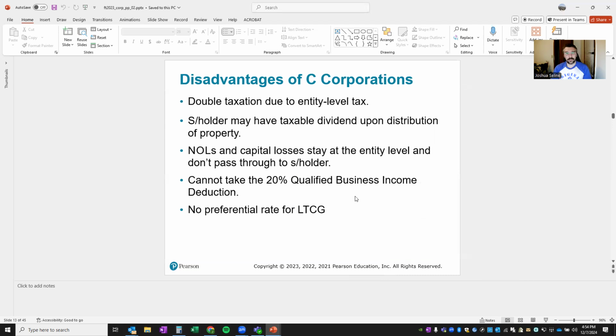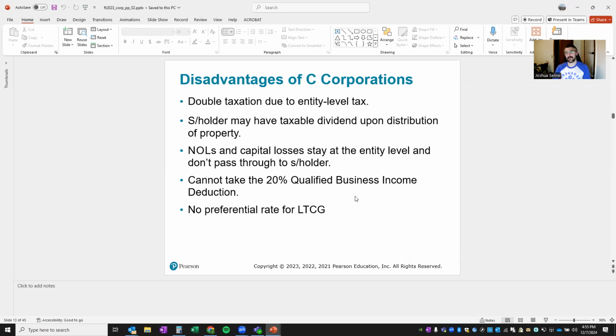Shareholder may have taxable dividend upon distribution of property. Kind of covers that, but it's property. It could be assets, it could be cash, it could be whatever. Net operating losses and capital losses stay at the entity level and don't pass through to the shareholder. That's a big reason why a lot of C corporations stay around, is that they still have NOLs to use up.